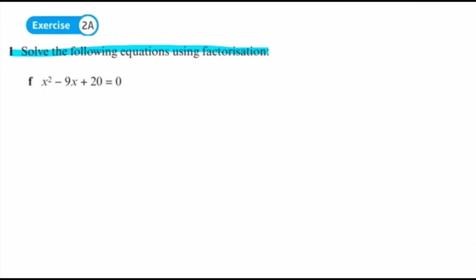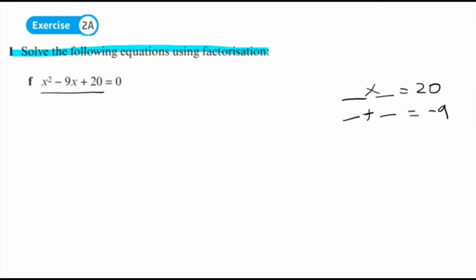Let's move to exercise 2A. Question 1. Solve the following equations using factorization. The first step is to factorize the left hand side. You can see we have to find 2 numbers which, when I multiply, give me 20, and when I add them, give me minus 9.